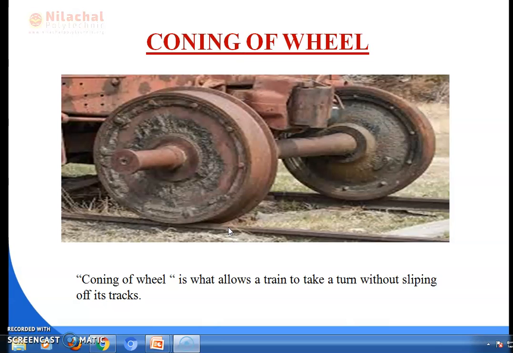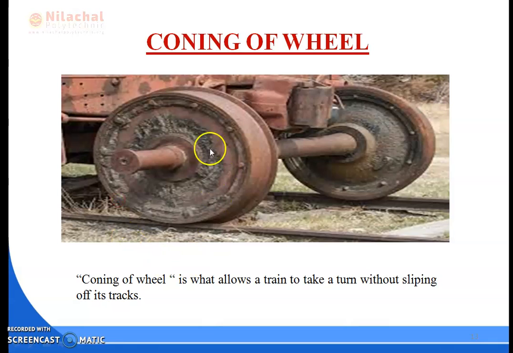In a simple way, remember that the slope is provided in the wheel and the same slope is provided in the rail. If the wheel cone slope and the rail slope are the same, that is called coning of the wheel.